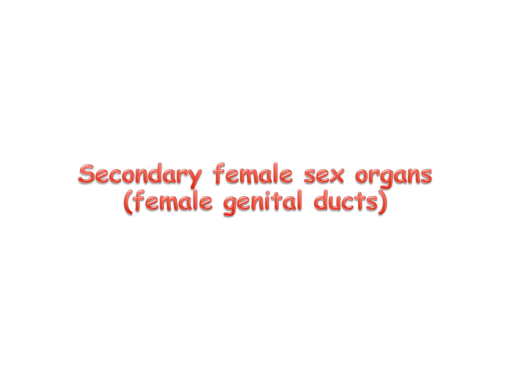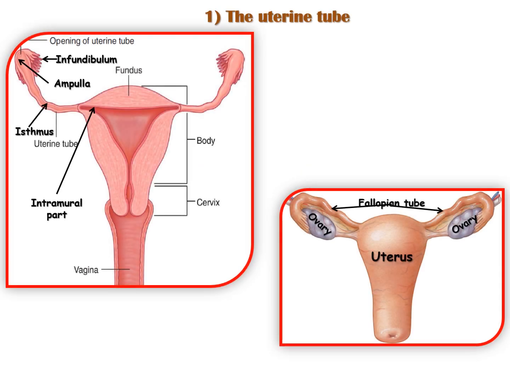If we proceed to the secondary female sex organs or female genital tracts, we will start with the uterine tube or the fallopian tube.